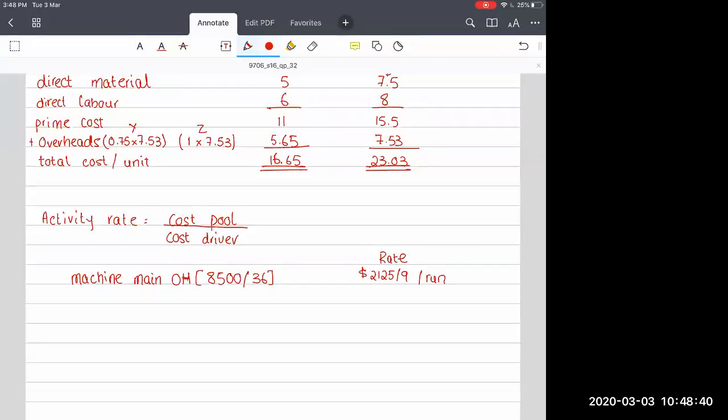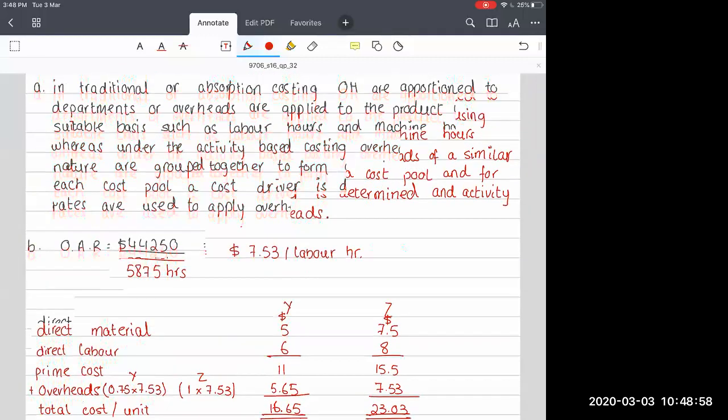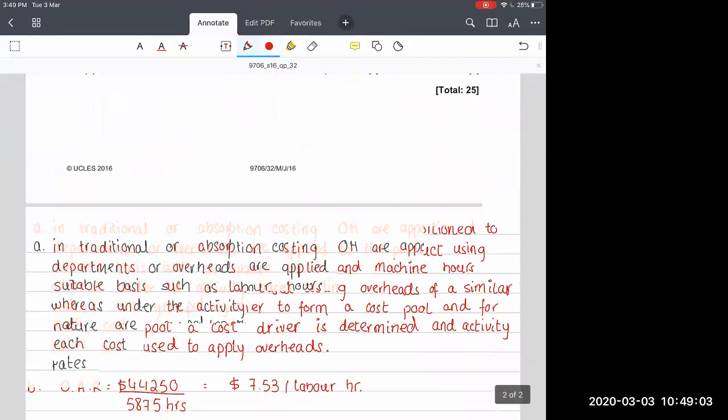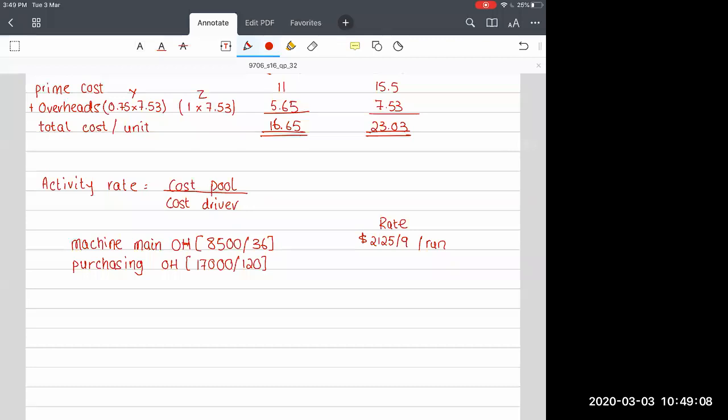The next is purchasing overheads, which were 17,000. These were 17,000 divided by number of purchasing orders. हमने purchasing orders का total किया हुआ है. The total of purchasing orders were 120 orders. So 17,000 divided by 120, that makes 425 upon 3 per order.